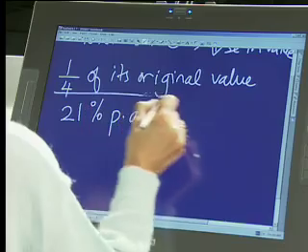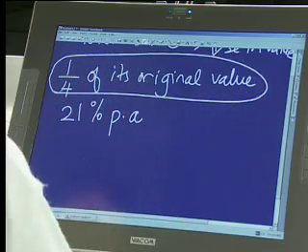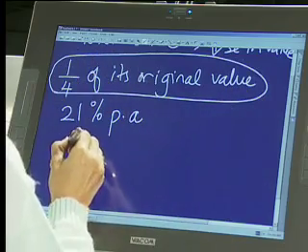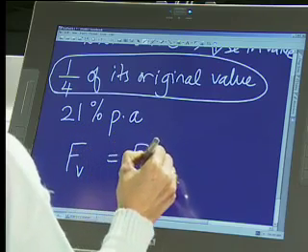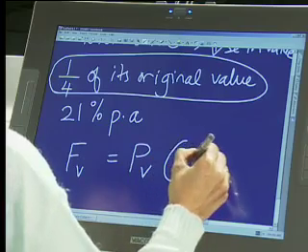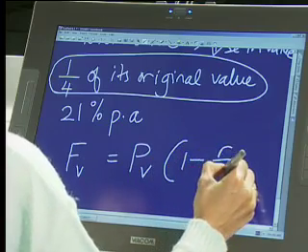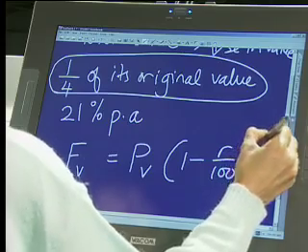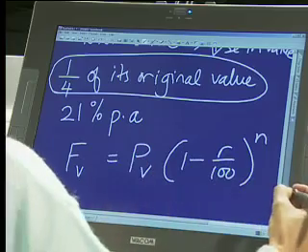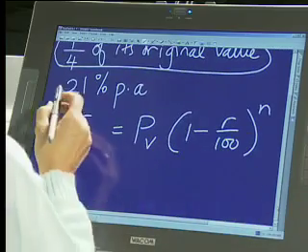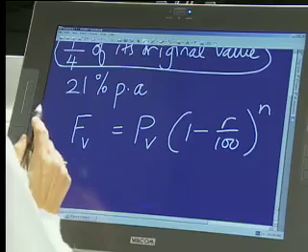We want the car to be a quarter of its original value. So we have the formula that connects our future value with our present value, and the rate of depreciation multiplied by n, which is your number of periods. So the future value we know is a quarter of the original. So if the original was P, then the future value will be a quarter of what that original value was.